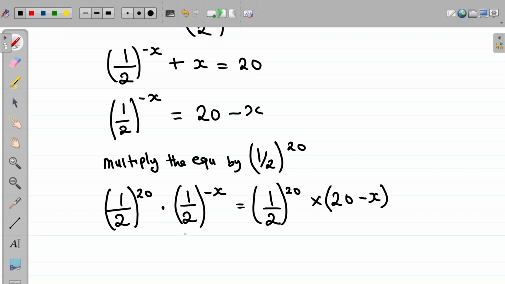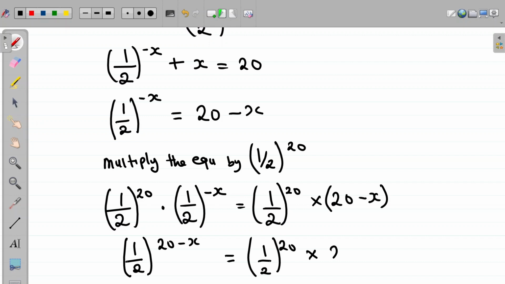From the left hand side, since we have the same base, our equation becomes 1 divided by 2 all raised to the power of 20 minus x equal to 1 divided by 2 all raised to the power of 20 multiplied by 20 minus x.